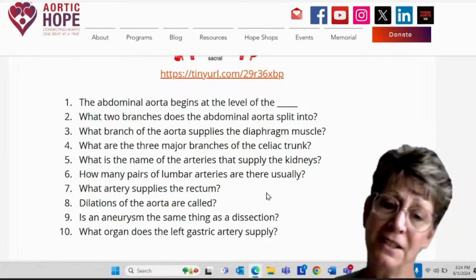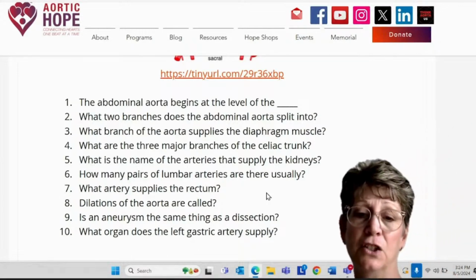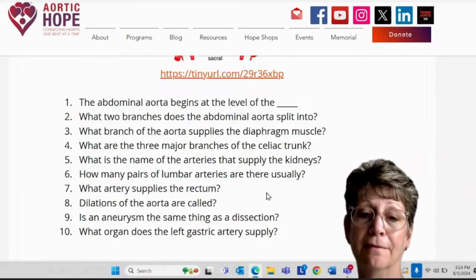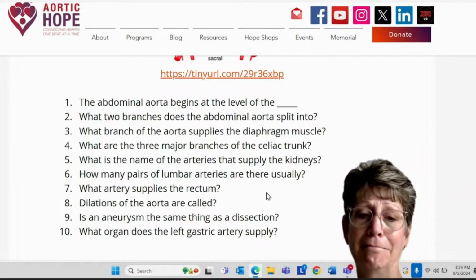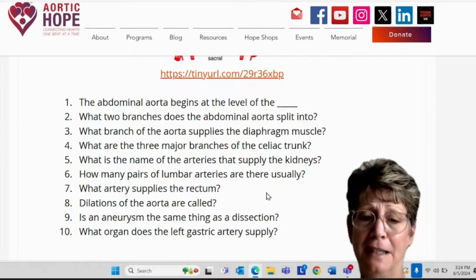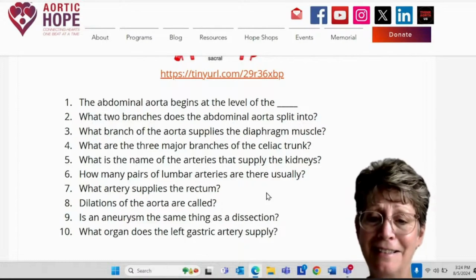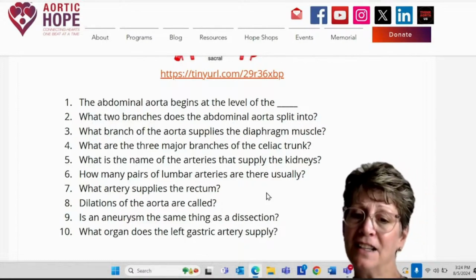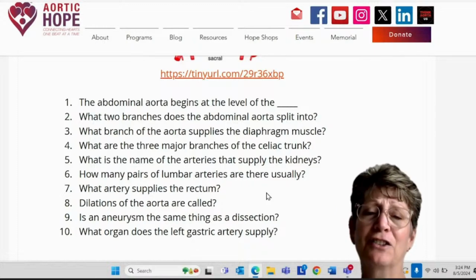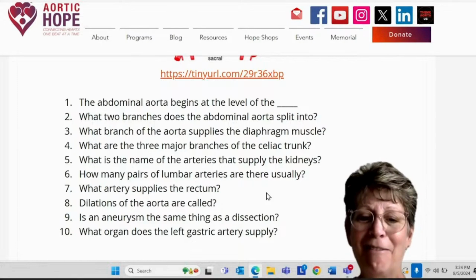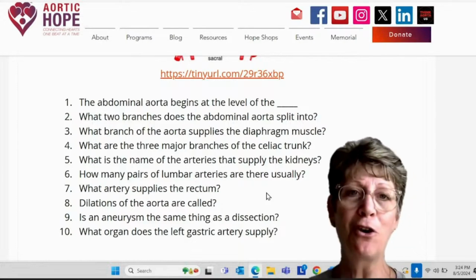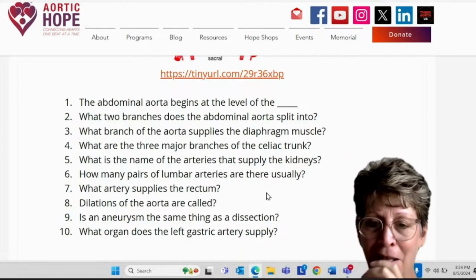What artery supplies the rectum? I'm not sure why I would need to know this, but the inferior mesenteric artery. Okay, I guess if that is compromised, that could be an issue. Exactly. Dilations of the aorta are called aneurysms. Please tell me I got this one right. I'm going to have to turn in my board card if I didn't get that one correct.